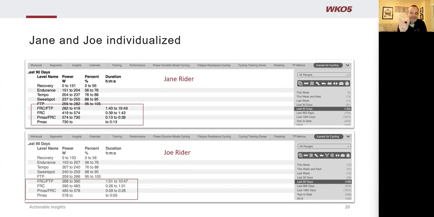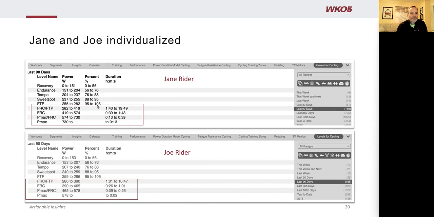Same athlete, same FTP, same data set. To produce the appropriate external stress to create the appropriate internal strain to get adaptation, when we individualize these athletes, we see up to 100 watts in the prescription difference. That's pretty dramatic, right? You could see the same at PMAX, FRC, you're seeing 100 and, oh boy, I got to do math quick, 150 watts difference. So it's a pretty big difference.